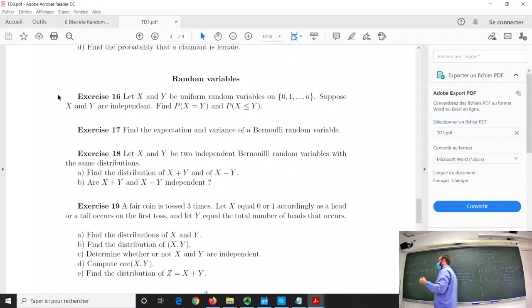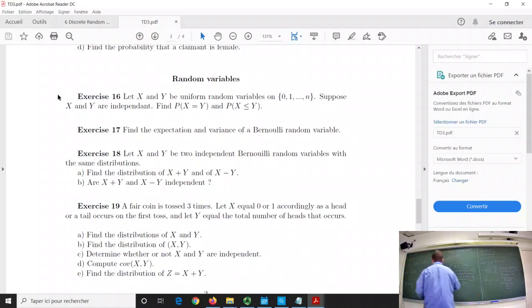So I can take k plus 1 different values, the probability of each of them being equal to 1 over n plus 1. So I obtain here k plus 1 over n plus 1. Is it okay for everybody?